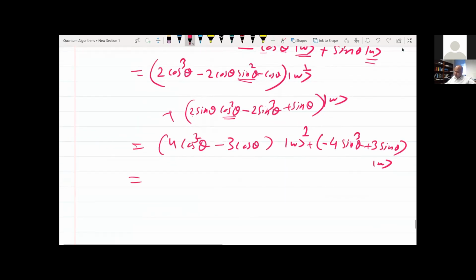You can check this identity: this is nothing but cosine 3 theta, and the next one is nothing but sine 3 theta. So this is my V S prime.